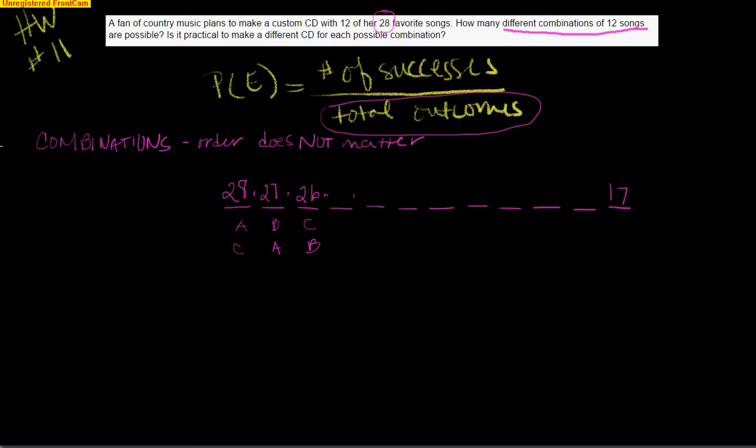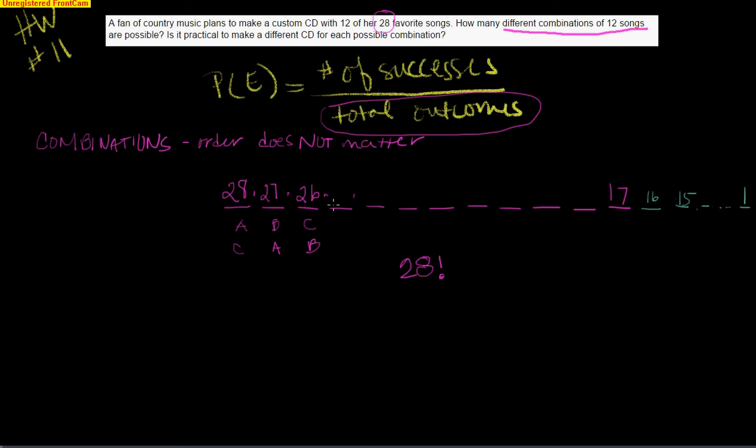Okay, so we actually have a formula here because this is not a very practical way to plug things into your calculator. 28 times 27 times 26. And we really can't do factorial because if we did 28 factorial, that would include all this, 28 all the way down to 17, but then it would keep multiplying times 16, times 15, times 14, and so on, all the way down to 1.